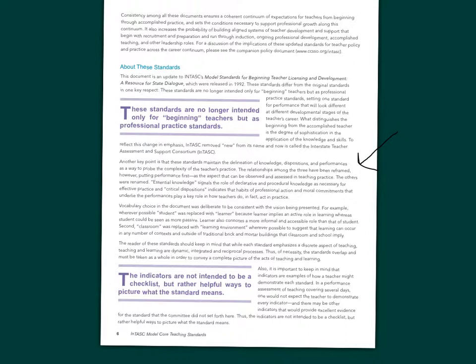It's that declarative and procedural knowledge that you need for effective practice. Critical dispositions is the underlying habits of mind for professional action and moral commitment. It's what underlies what you do as a teacher. And then the performance indicators is what can be observed and assessed in teaching practice, okay?